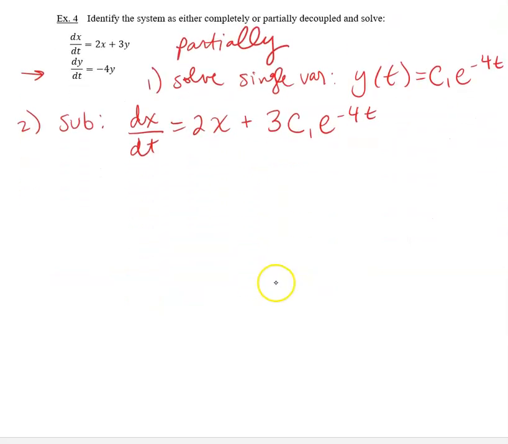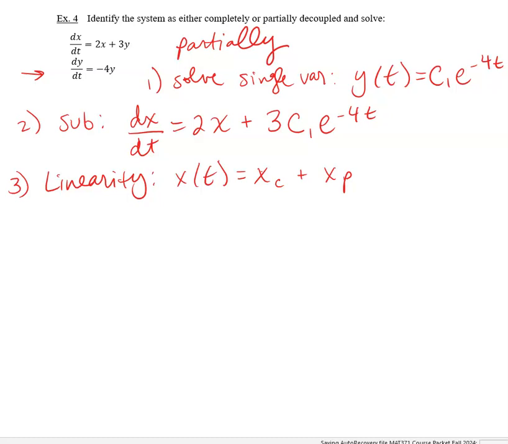And recall from earlier in the course, the linearity principle said that a general solution, or an overall solution, we could think of it as the complementary solution plus the particular solution. So the complementary solution went with the corresponding homogeneous equation, and the particular solution went with the non-homogeneous equation.